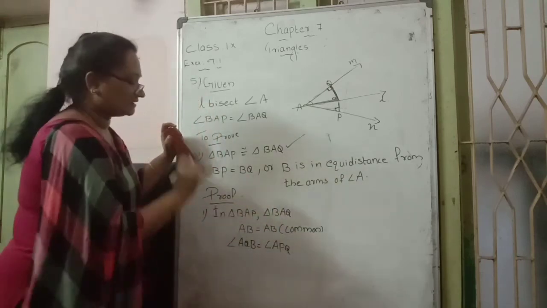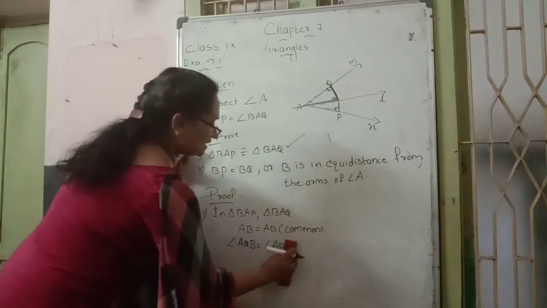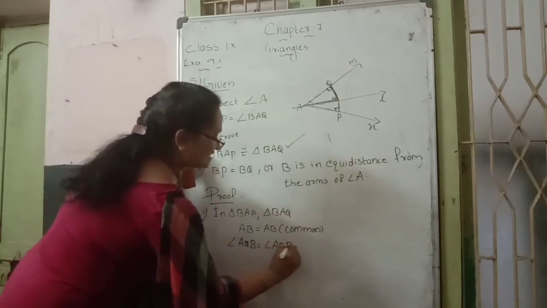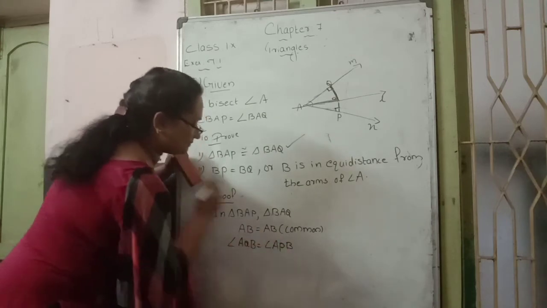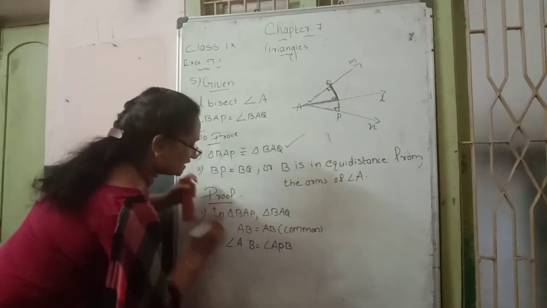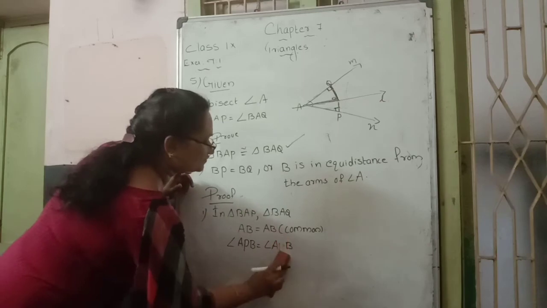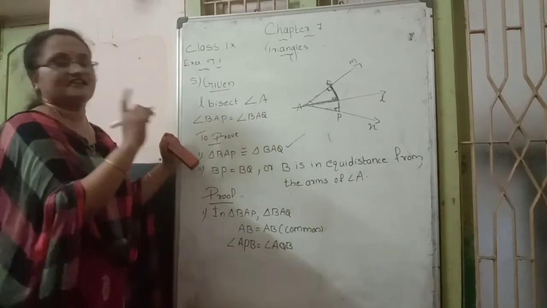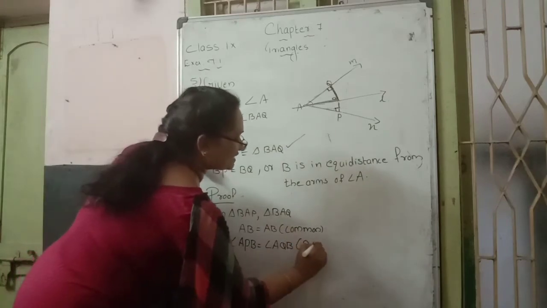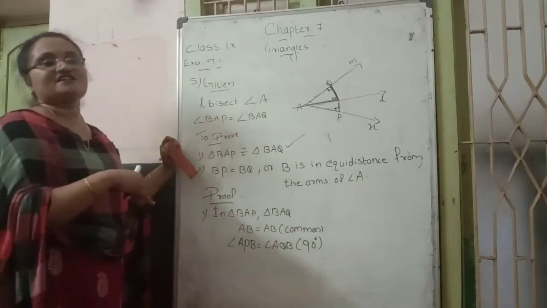You can read in any order, but P and Q come as the middle vertex. Then AQB and APB are equal. Here P and Q are equal angles. How many degrees do they make? 90 degrees. The second condition is completed.